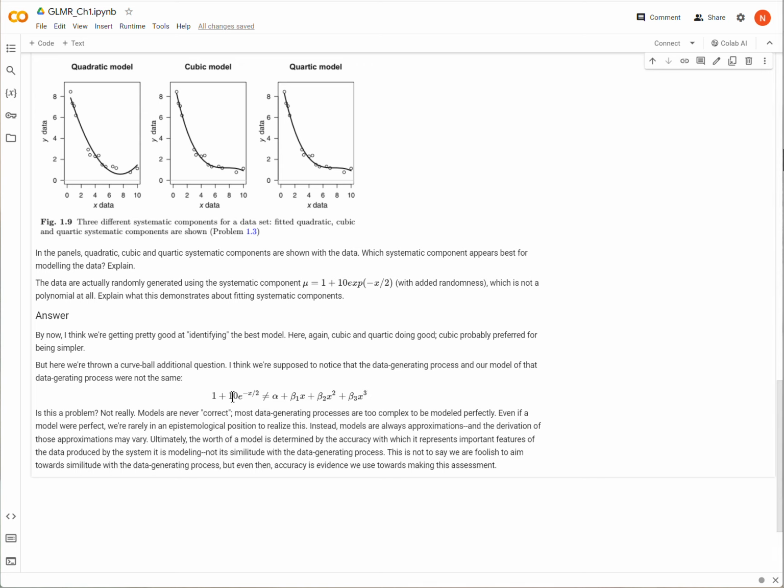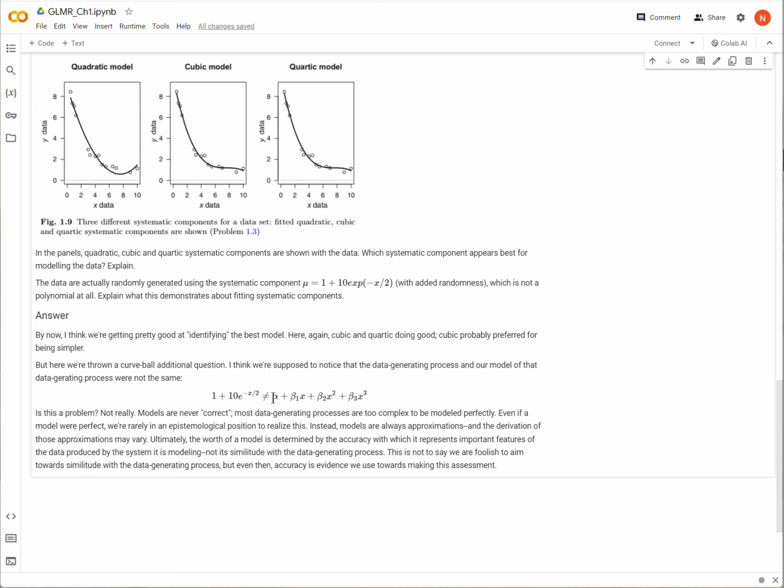So what does the fact that our data generating process is not completely analogous to our regression, or said differently, what does it mean that we can use an expression for our regression that is not completely identical to the actual data generating process, what does that say about regression or about modeling together?